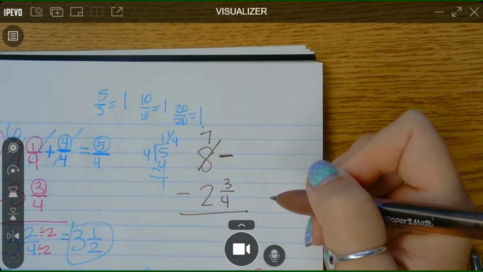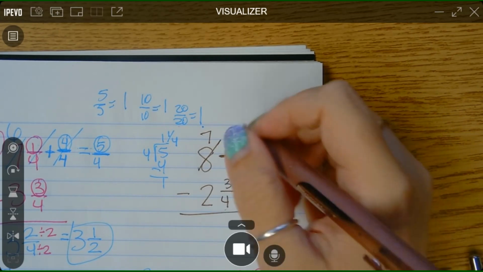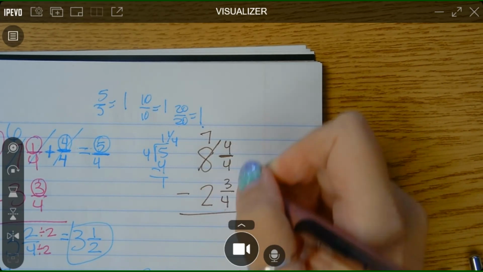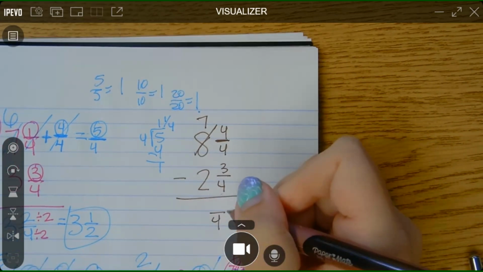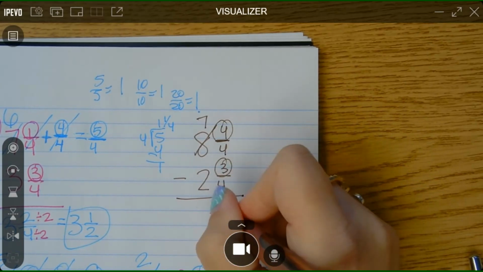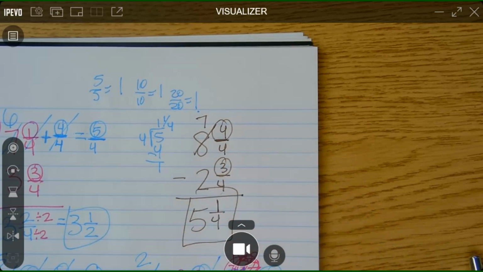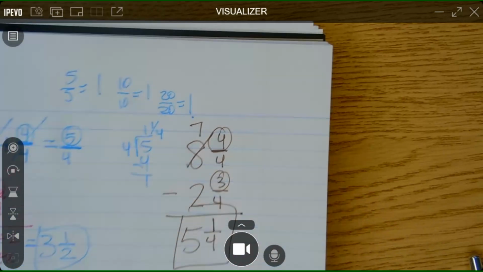Well, what do I want my denominator to be? I want it to be a 4. So I'm going to put what over what? 4 over 4. Now I have a denominator of 4, and I'm going to subtract these numerators. What's 4 minus 3? 1. And what's 7 minus 2? 5.